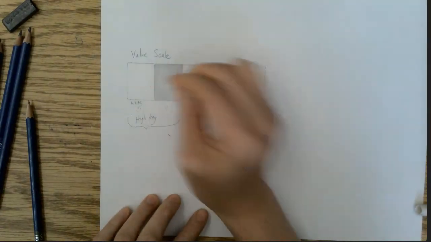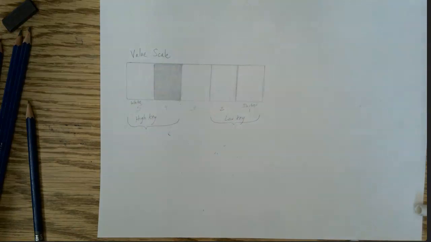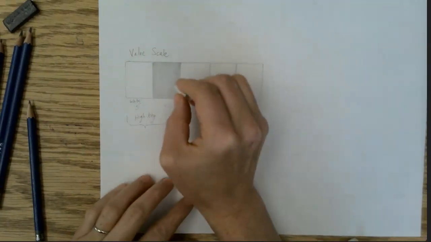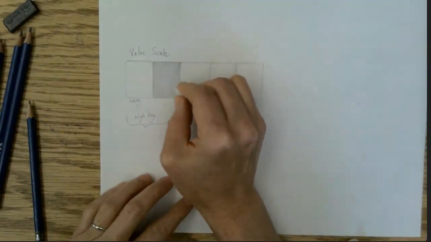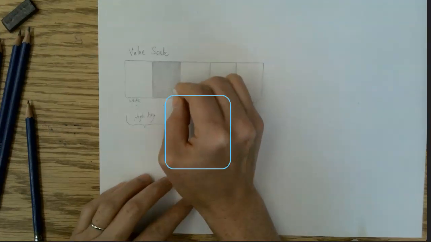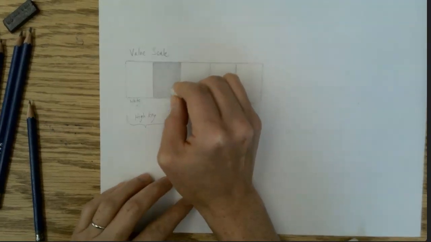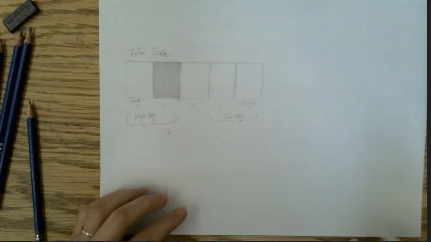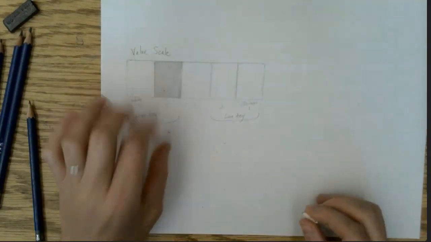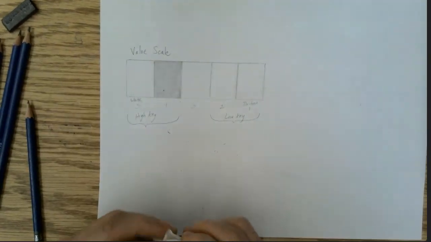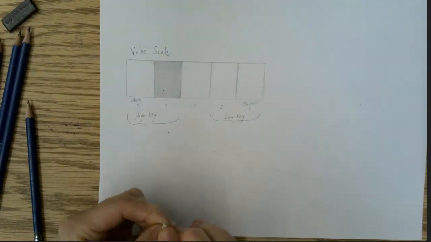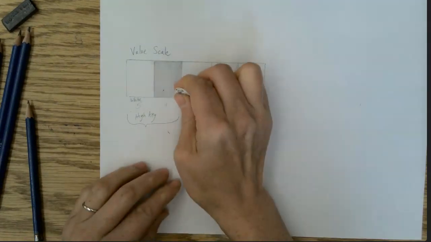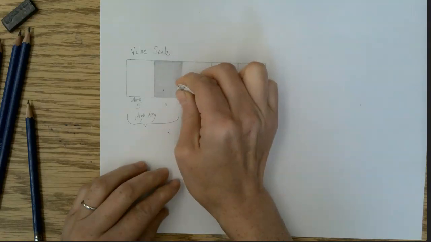If you do get too dark, you can erase just a little bit. So I could use my eraser like a drawing tool and essentially hatch or stipple to kind of erase and still have a bit of a gradation. And then I would go back and I might blend that.